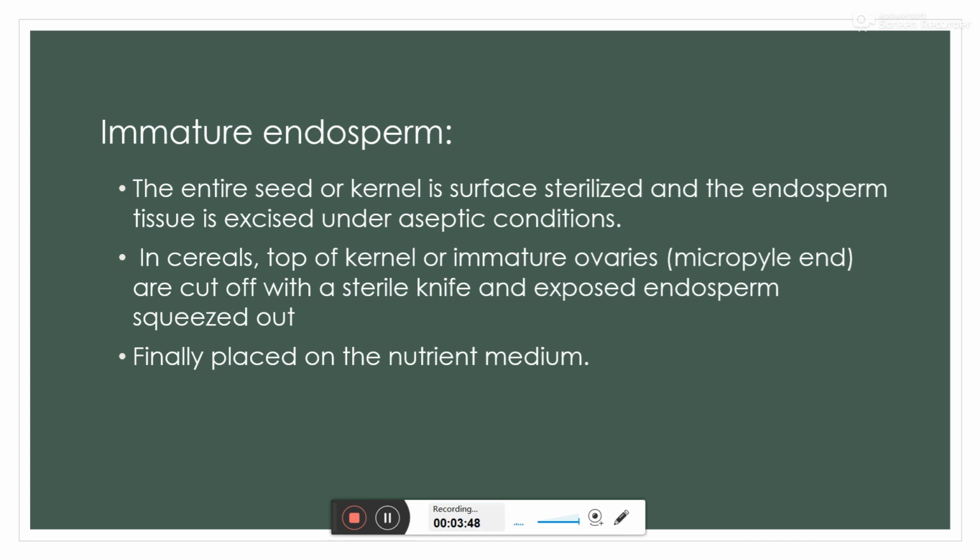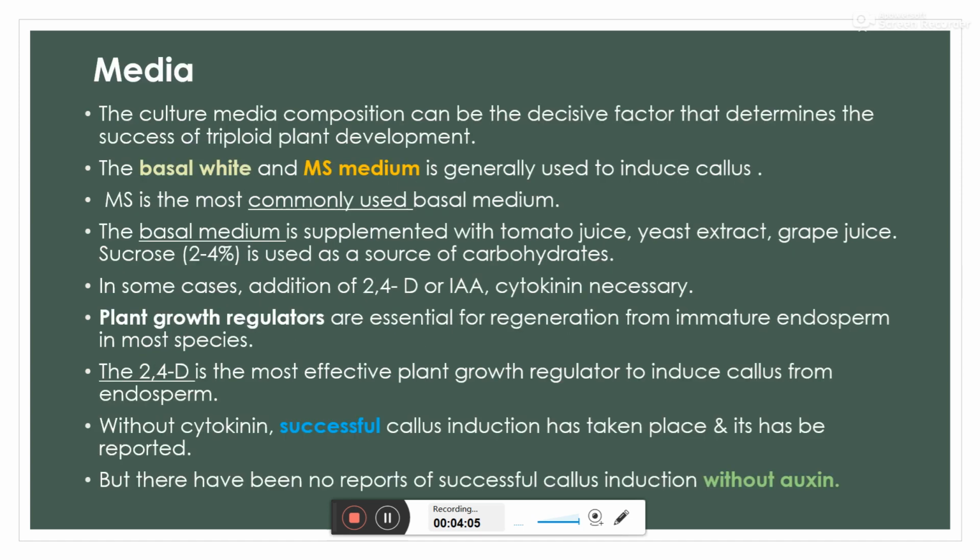Here in cereals, we squeeze the endosperm after cutting off the immature embryos, and after extracting it we can finally place it on a suitable nutrient medium. This is how the immature endosperm is inoculated.